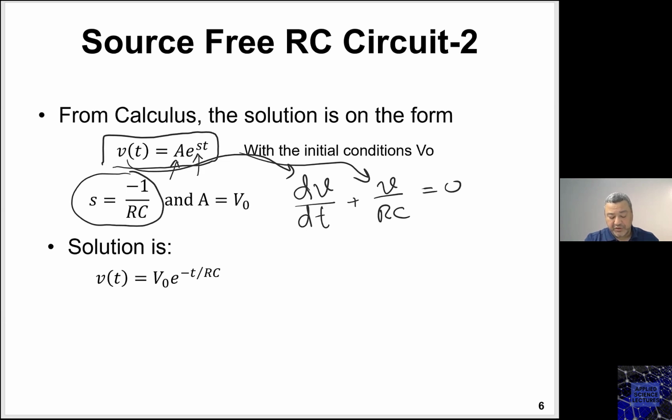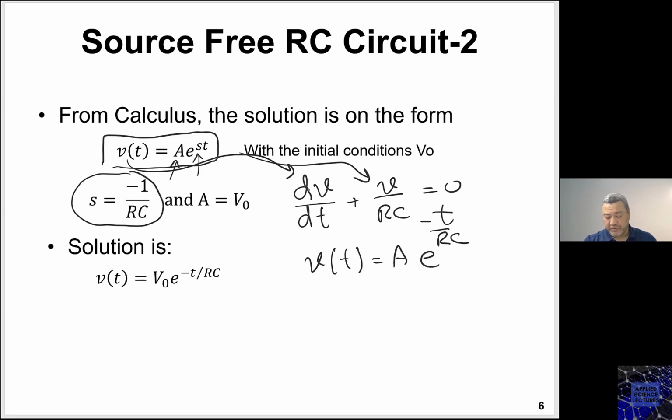After you find s equals minus 1 over RC, the function becomes V(t) equals A e to the power minus t over RC.